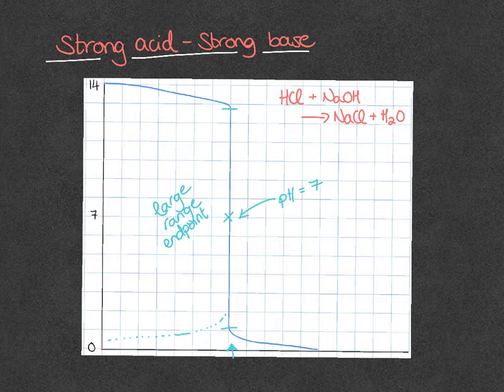So you can quote the middle of the end point to give your pH at equivalence. And for this combination, it will be pH 7. So you're looking for this distinctive, very long vertical section in the titration curve, and that the middle of that long section is at pH 7 for the strong acid, strong base combination. This is the easiest one to spot. The other ones are a little bit more difficult for you to remember the details.